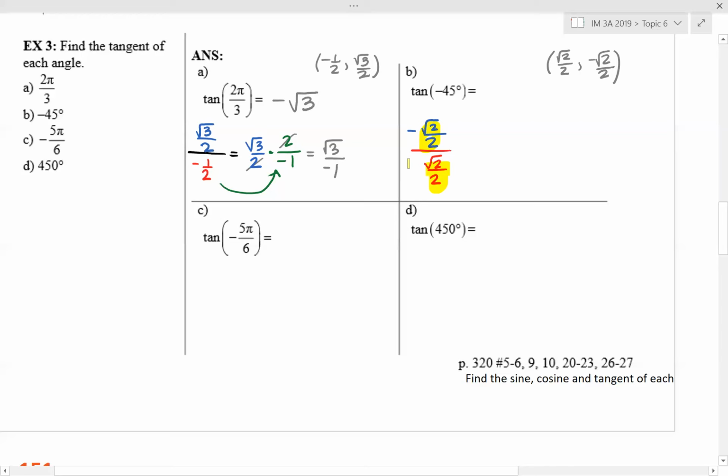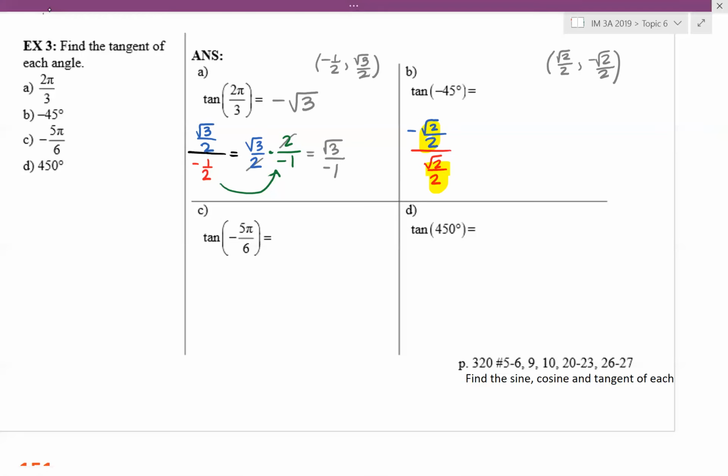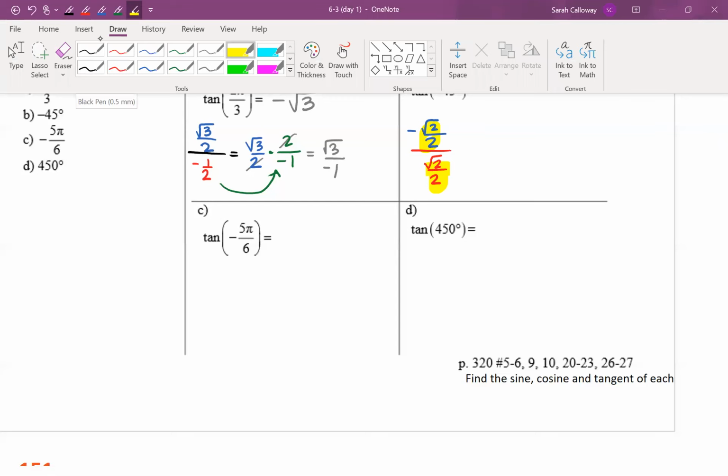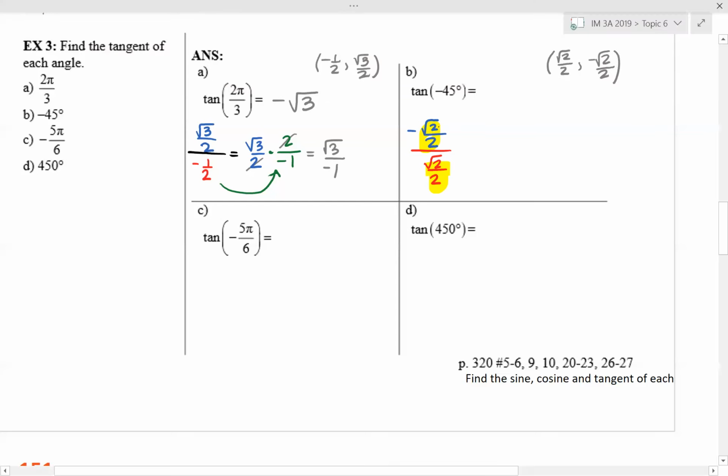So if I have something divided by itself, those are going to turn into 1. So negative radical 2 and positive radical 2 each cancel. If I reduce this, I get negative 1 over positive 1. So the tangent of negative 45 degrees is negative 1.